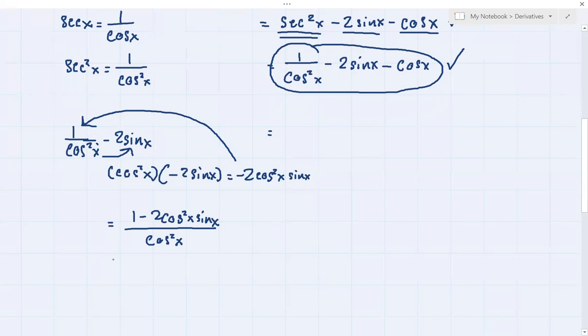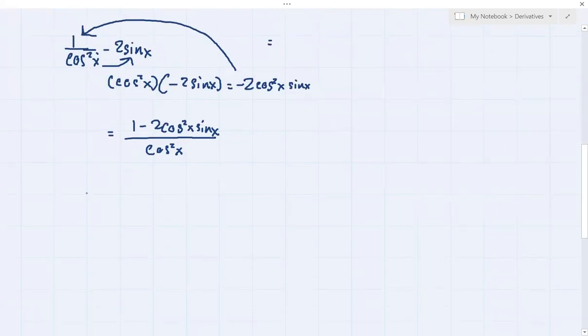Or, you can use butterfly technique na lang. That's the recommended technique I would like to suggest to you. So, di ba, meron tayong 1 all over cosine squared x minus 2 times sine x. So, ang butterfly technique kasi ginagamit natin yan kapag meron tayong dalawang dissimilar fraction or two fractions that are different denominator.